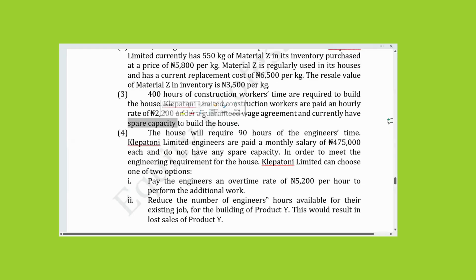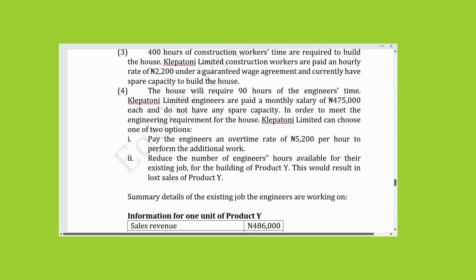Nothing will be charged, because the construction workers are idle. They have spare capacity. So that information, we ignore it. Number 4, the house will require 19 hours of the engineer's time.